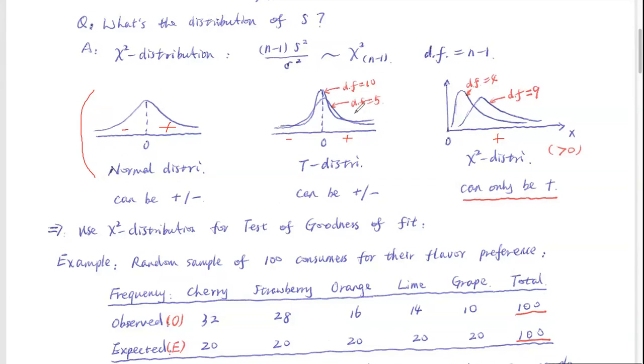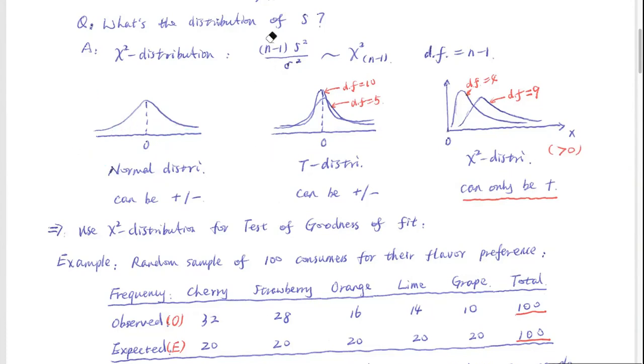They are symmetric, but the chi-square distribution is not. It has a tail to the right, it's skewed. Here we also have the concept of degrees of freedom, similarly. So that's what the chi-square distribution looks like in terms of the picture.